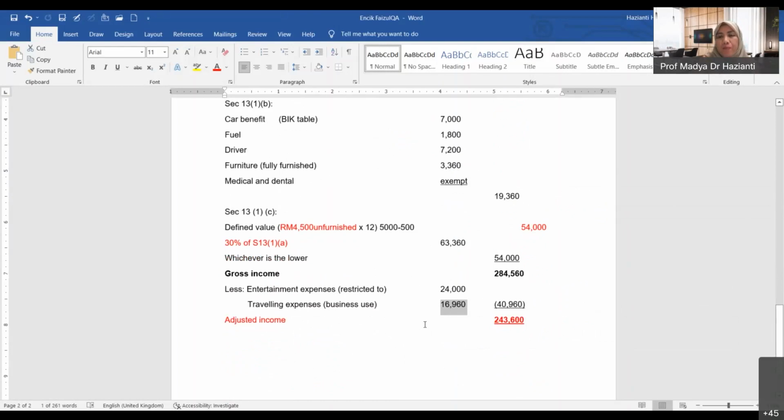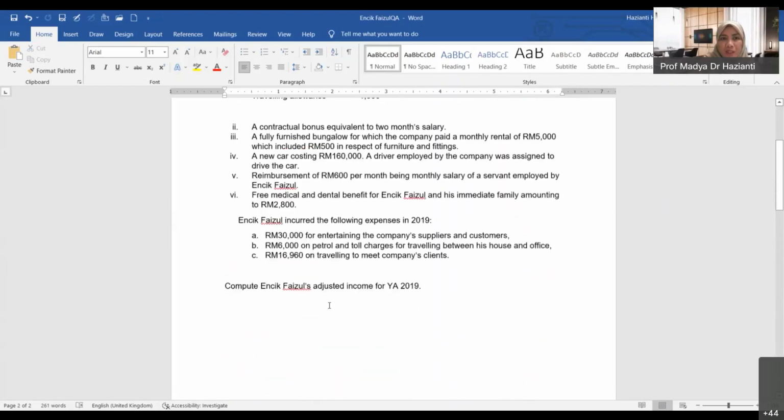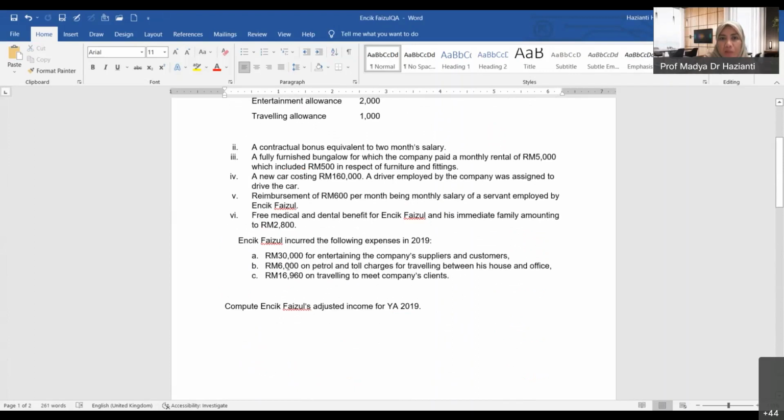Kalau untuk travelling tu kalau bukan business, so dia kena ambil yang 12 tu lah. Okay, macam tadi kan dia ada dua-dua kan, nampak ni. Dia ada 6,000 rumah pergi office, which is not business lah, dengan 16,960 untuk jumpa klien.